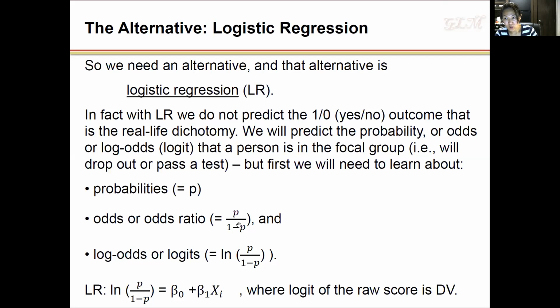Odds ratio violates the linearity assumption. Probability definitely violates the linearity assumption. But log odds, or logit, we call it log odds or logit, this is satisfied with the linearity assumption.